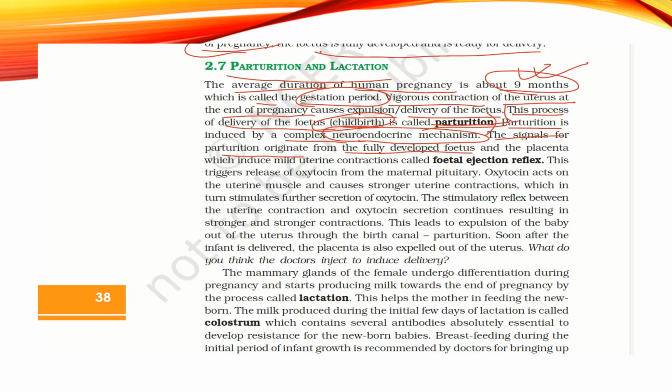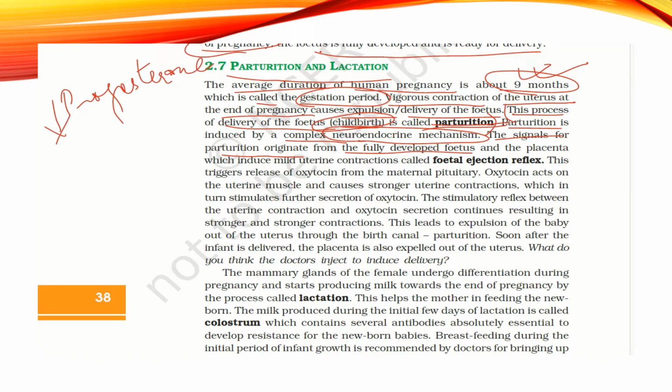First and foremost, the progesterone hormone, which was till now at its highest peak to control contraction so that the fetus does not move out of the uterus, should be reduced.